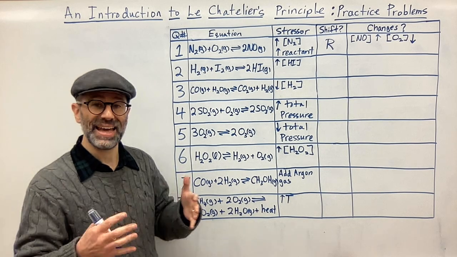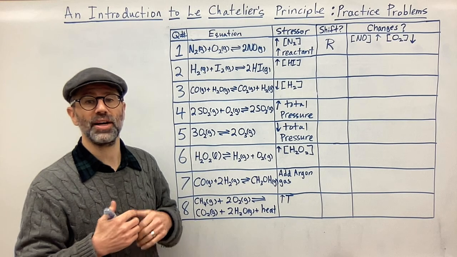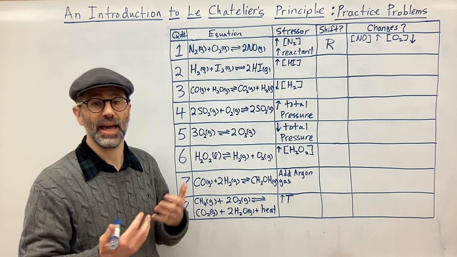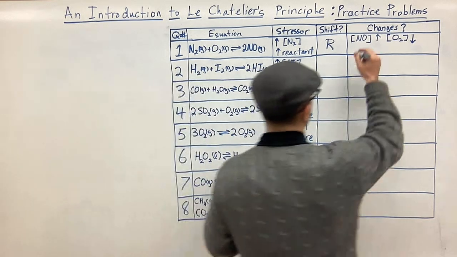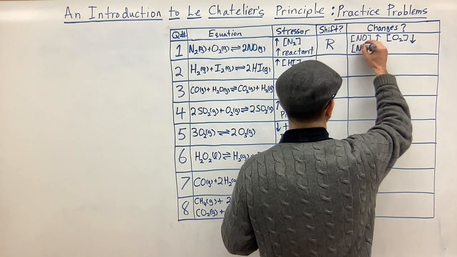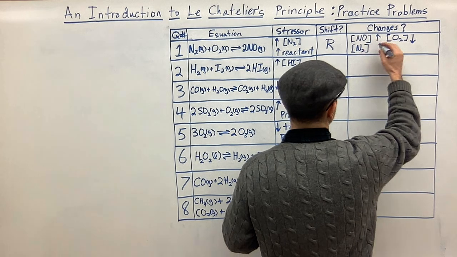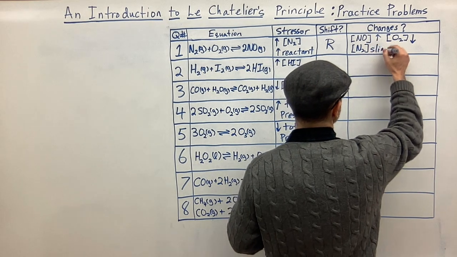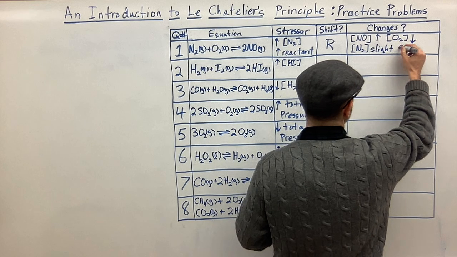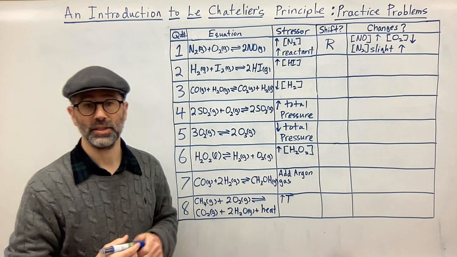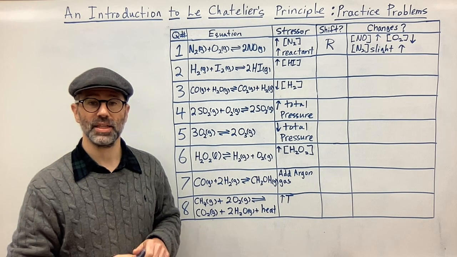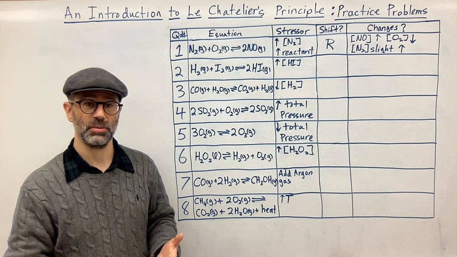So in the end, at the new equilibrium, you're going to have an increase in the N2 than what you started with. So for N2, there's going to be a slight increase. So it's not going to go back to where it was. There's going to be a slight increase in the N2 concentration at the new equilibrium.